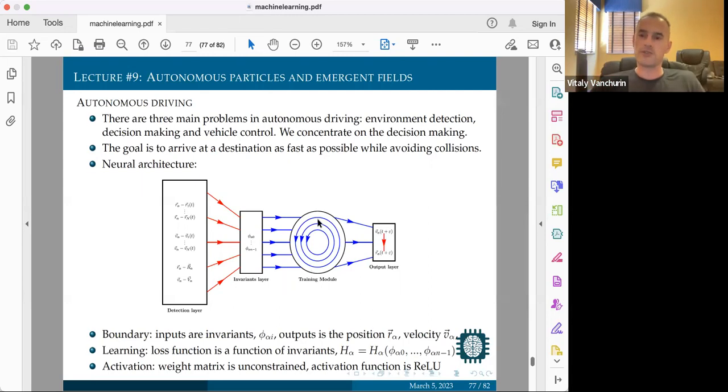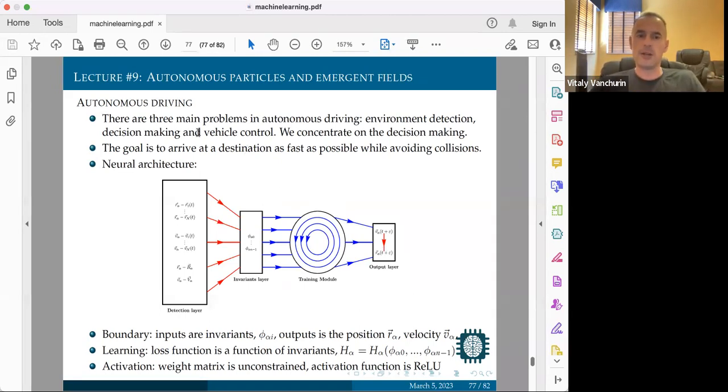We don't want to put any constraints here, because if you did, you would be making an assumption about a symmetry that may not be there, and that may slow down learning. And then at the end of the day, what it gives you is the desired velocity and position of the car in the next moment of time. We assume that we can accomplish that. Yes, there'll be constraints on the velocity, but we can always get that.